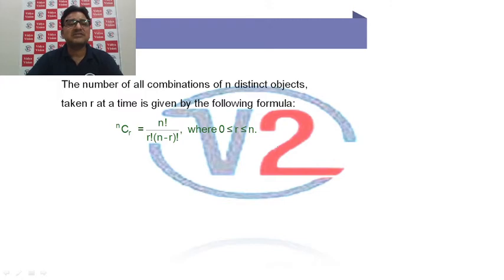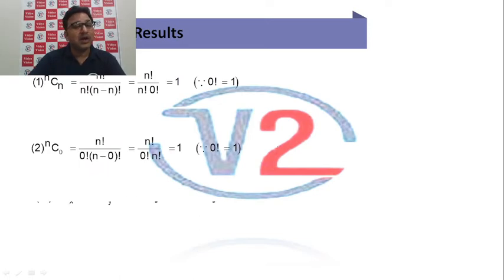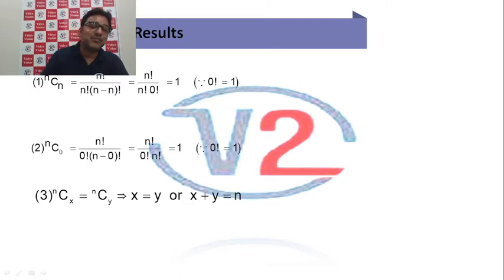Important: the number of all combinations of n distinct objects taken r at a time is given by the following formula. Clear? Now nCn is n factorial upon n factorial into n minus n factorial, that is n factorial upon n factorial into 0 factorial, which is equal to 1. Now nC0 is again equal to 1. nCx equal to nCy is an important one.